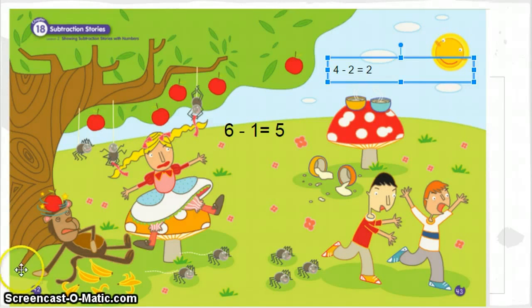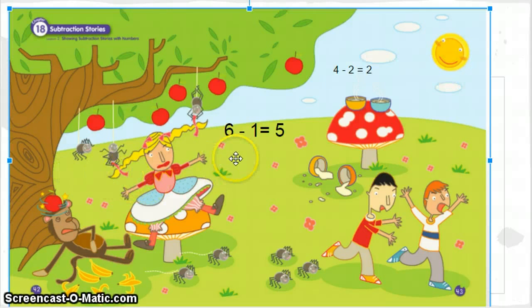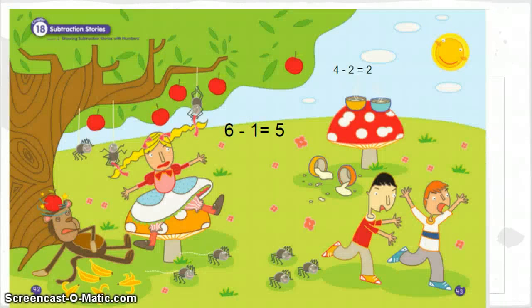Okay, now it's your turn. I would like you for your homework to do 2 subtraction sentences. Your very first subtraction sentence you will do for the spiders. I want you to look at the spiders, and you're going to write a subtraction sentence to show how many spiders were left after some spiders ran away.